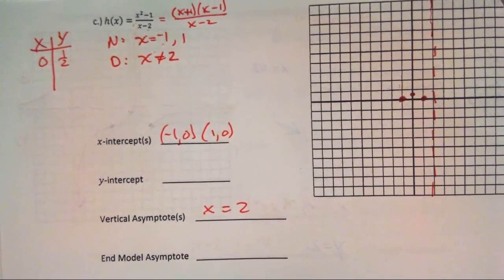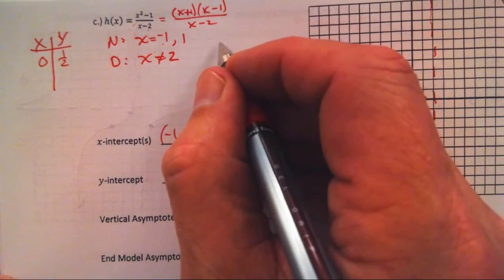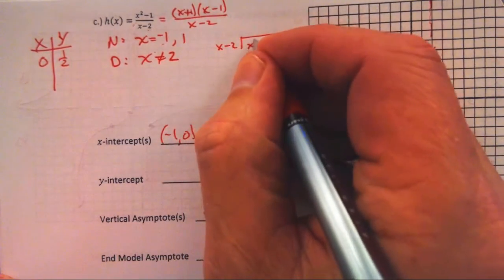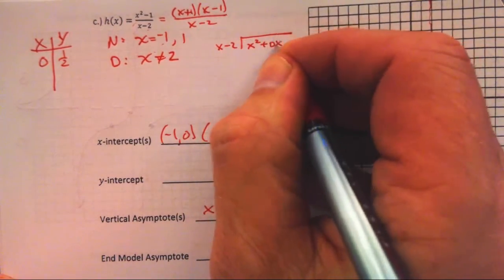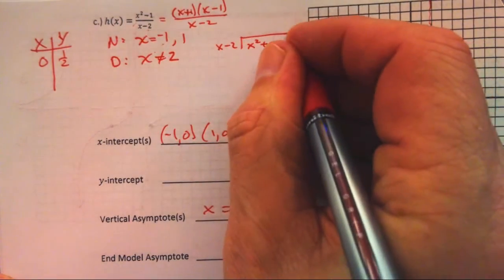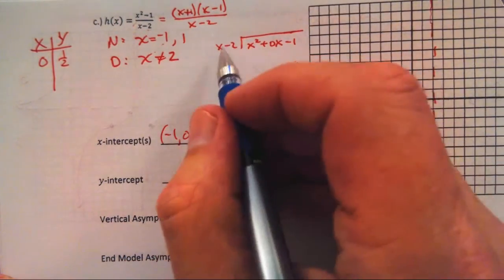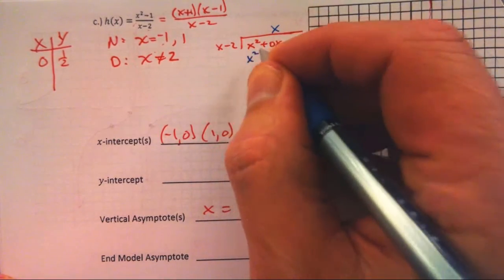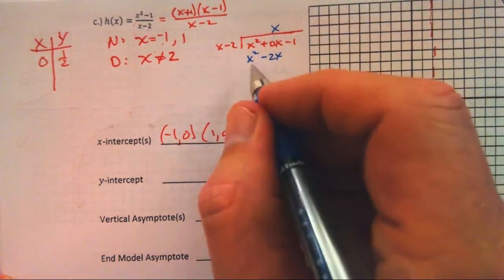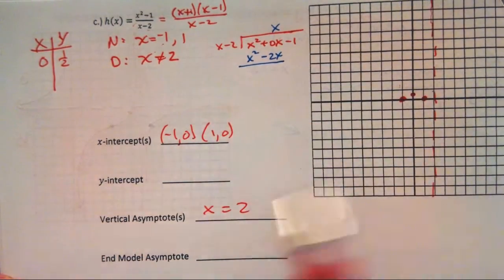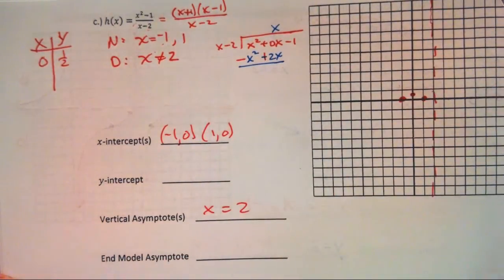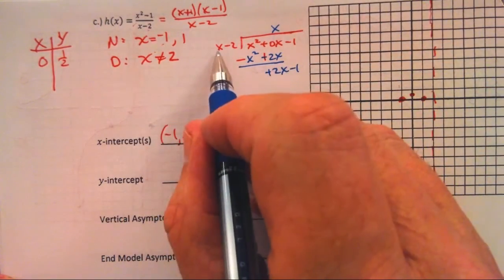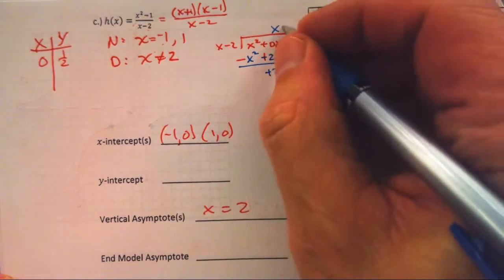We long divide. So I'm going to use this space over here to take x minus 2 into x squared plus 0 x's minus 1. Let's see what we get there. X goes into x squared x times, we knew that, giving me x squared minus 2x. What do I do there? I subtract these values, and I get plus 2x minus 1, and x goes into this 2 times.